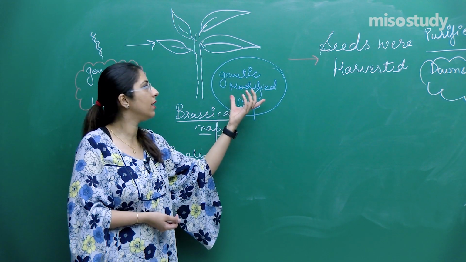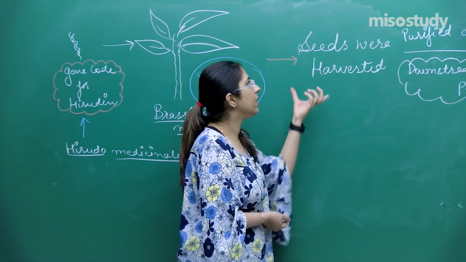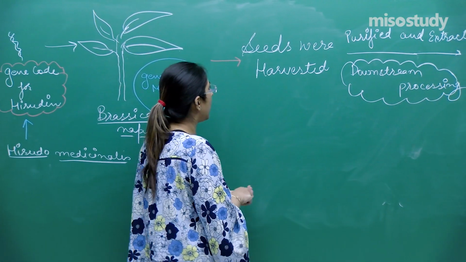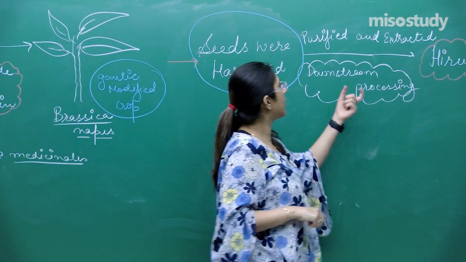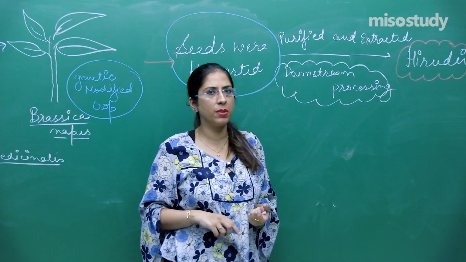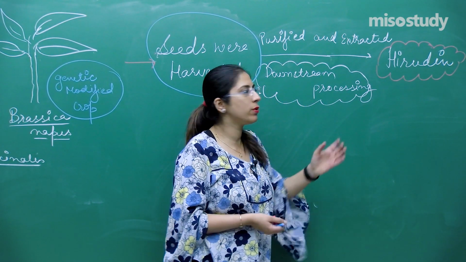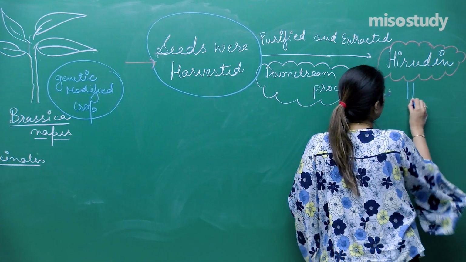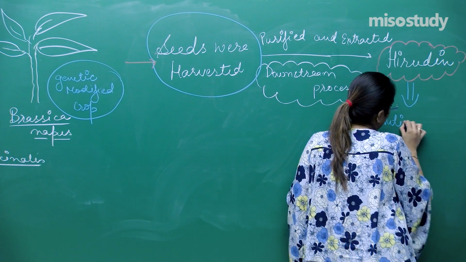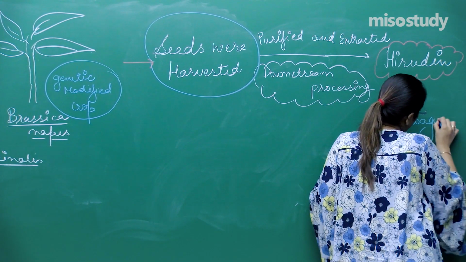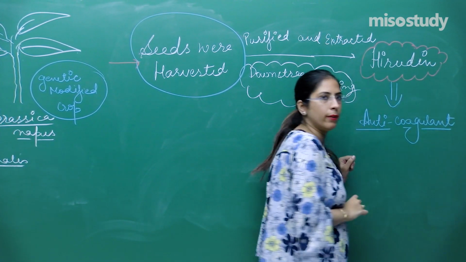Now this plant is called a genetically modified crop. When this crop is harvested, the seeds were produced, right? When these seeds were produced, they are purified, they are extracted, and this is called downstream processing, and later on what we get is hirudin, and it is used for surgical processes, and it acts as an anticoagulant. This is a naturally occurring anticoagulant, right?